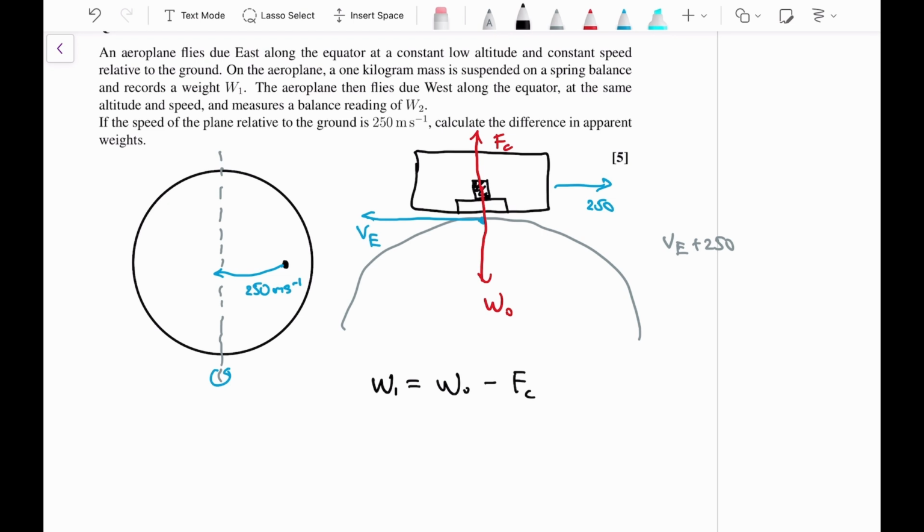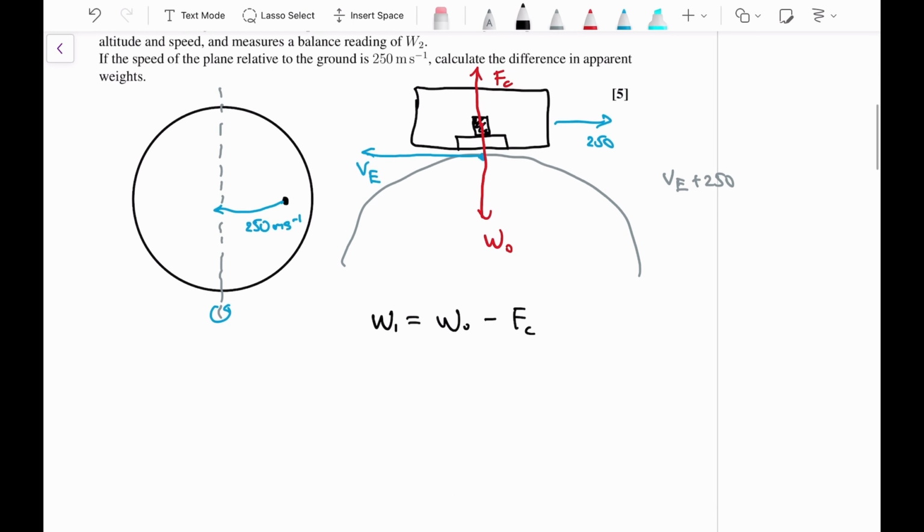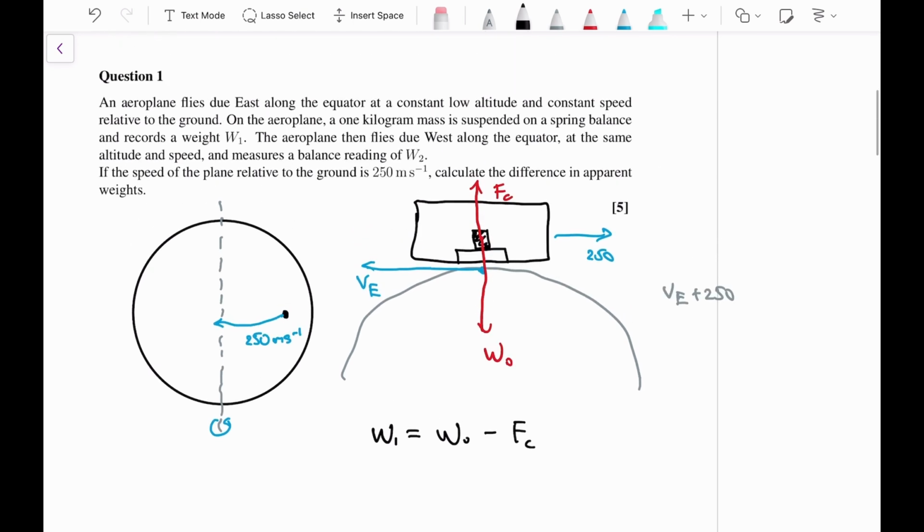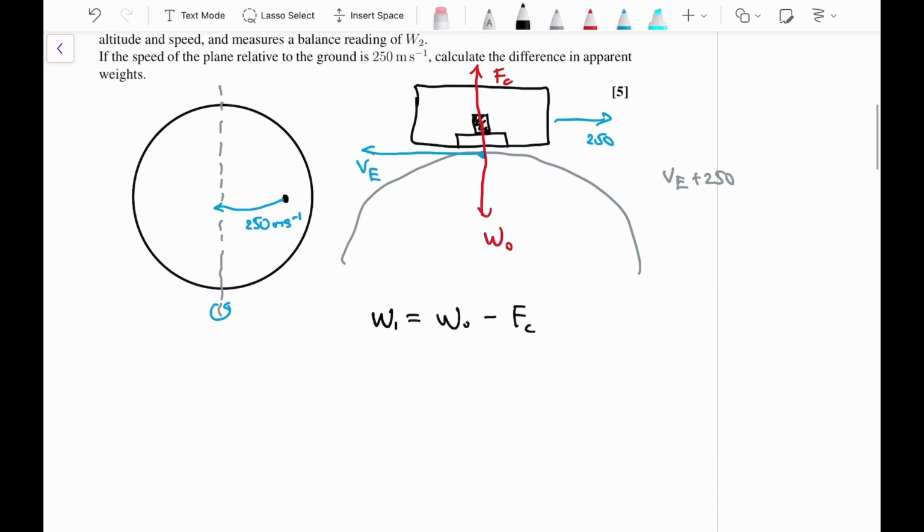And then we can resolve for it. For W1, the question says it's a 1 kilogram mass, so 1 times 9.81 is 9.81. So W0 is essentially 9.81 newtons.